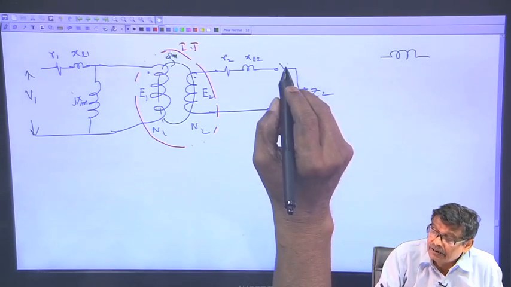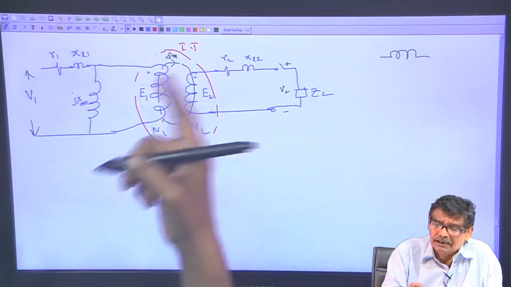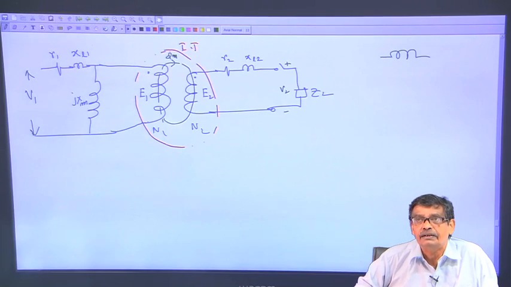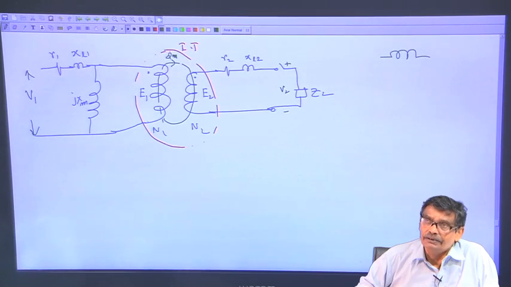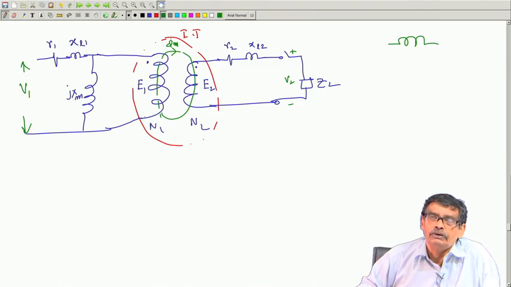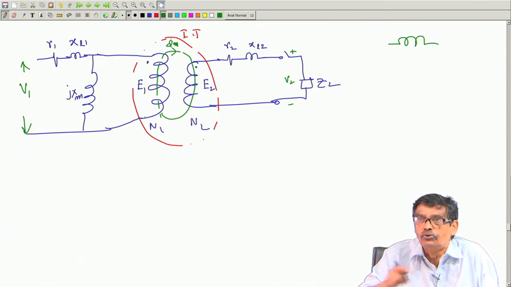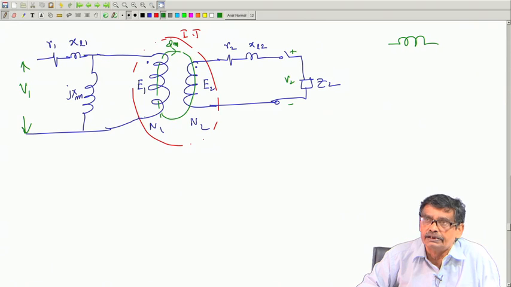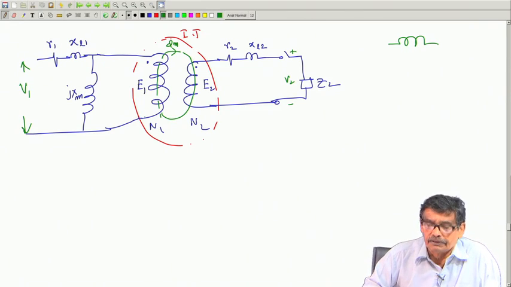I will repeat this once again, as I do not know whether I have gone a bit faster without defining what is leakage inductance and magnetizing inductance. But I request you, please go through the first few lectures of the Electrical Machines 2 course, which is already uploaded on the NPTEL website. You will get a better feeling of this.